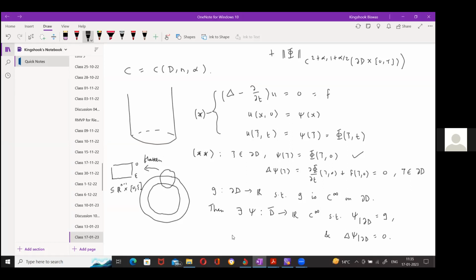So let me just think a second. If I want the Laplacian of, so I can define a function here on this rectangle.